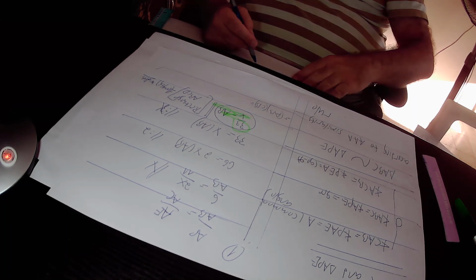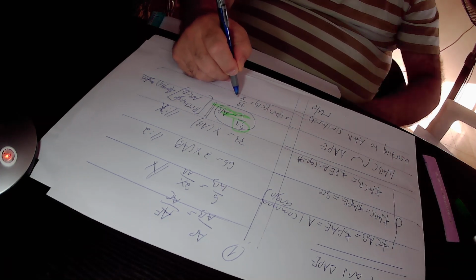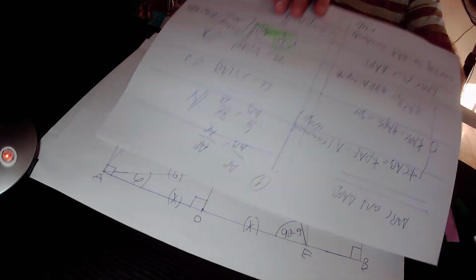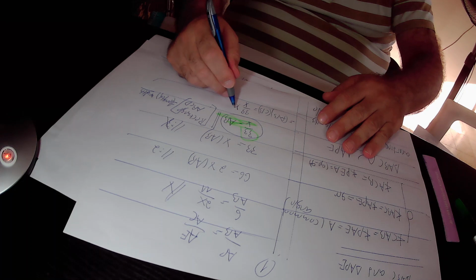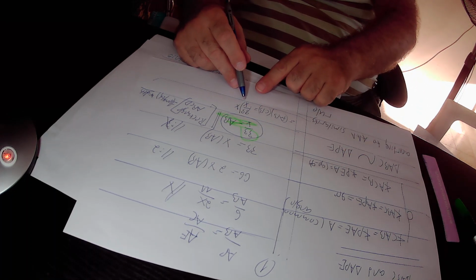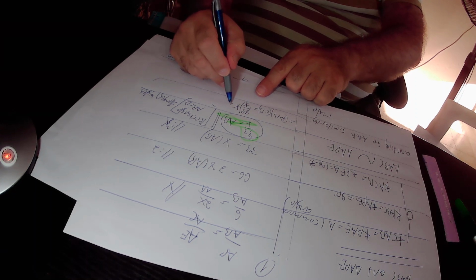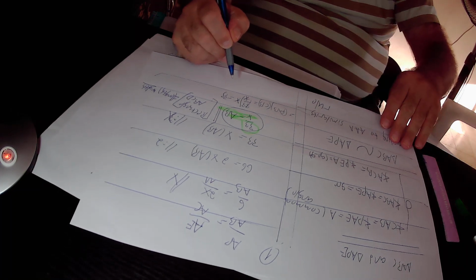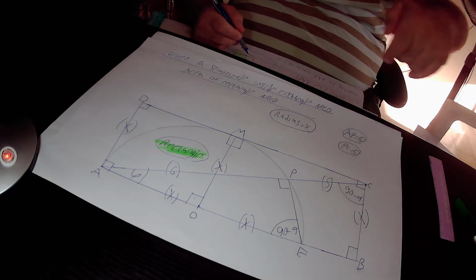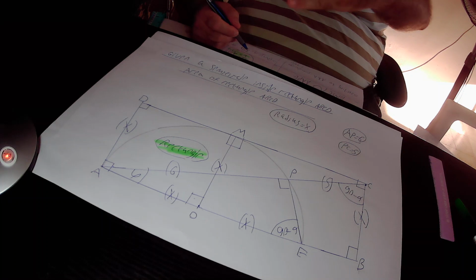AB is 33 over x, and CB equals x. So we have x in the numerator and x in the denominator, so x will get cancelled, and we are left only with 33. So now we find that the area of this rectangle ABCD, that is the area that we are looking for in this question, is equal to 33 square units.